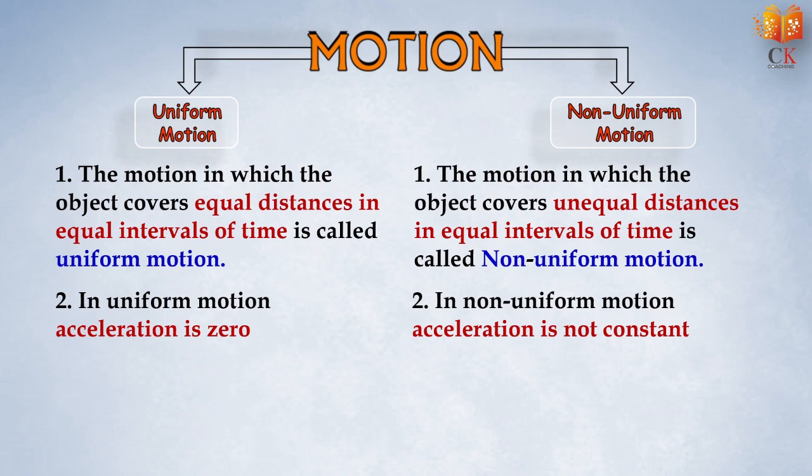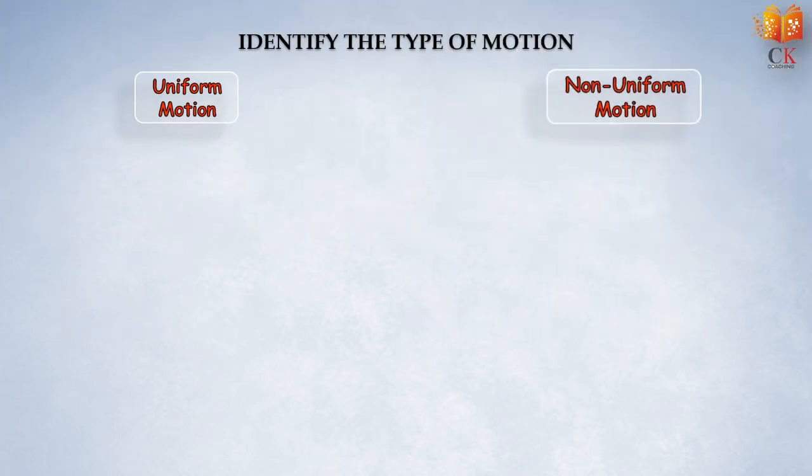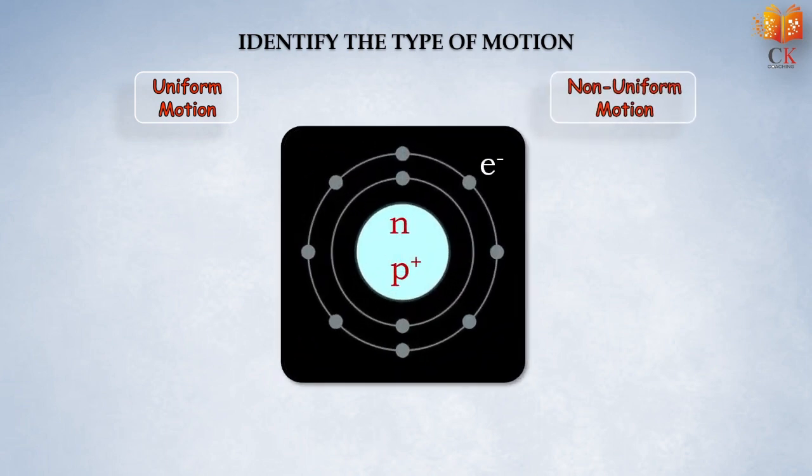So how do we identify the different types of motion, like which one is the uniform motion and which one is the non-uniform motion? For example, you'll be learning this in chemistry this year itself: if we look at the structure of any atom, the atomic structure, then in the middle there is a nucleus, and inside the nucleus we have proton and neutron.